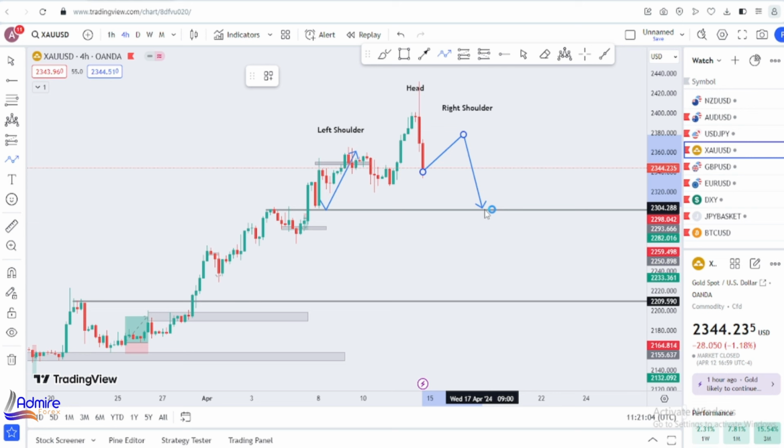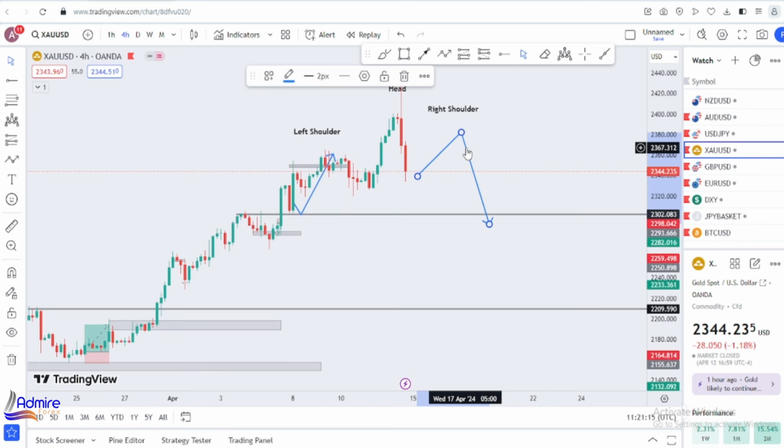We already know how we make our entries for head and shoulders. If you don't know how, you can watch our other videos to see how we make entries. So that's what I'll be looking out for on gold. If I don't have a good chart pattern, I'm not taking bearish sells for gold.